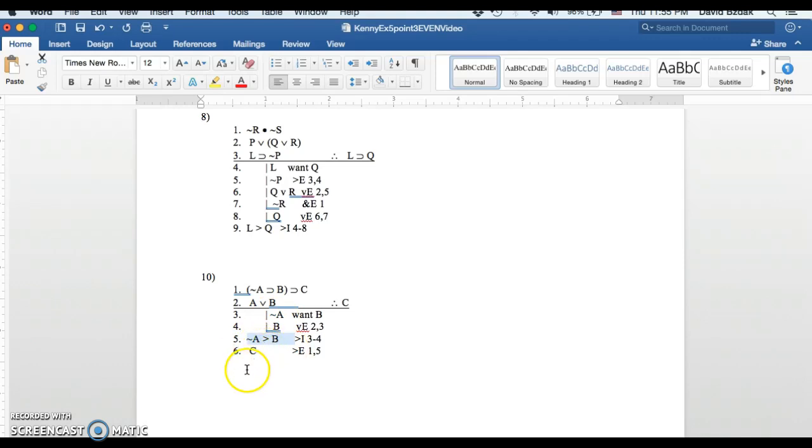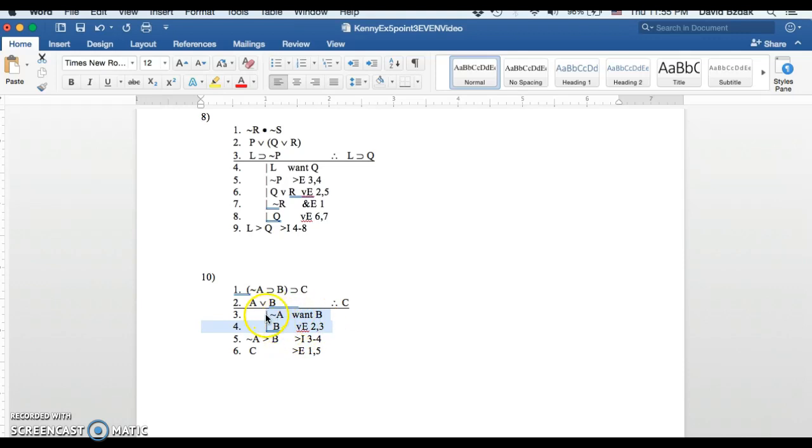And another important point, if you do a conditional introduction like this and you get not A conditional B and you do other stuff, once this subderivation is closed, it's closed. You cannot use any of these outside of this indentation. Okay? That's because, again, this was all based on an assumption, namely not A. We don't know if that's true.